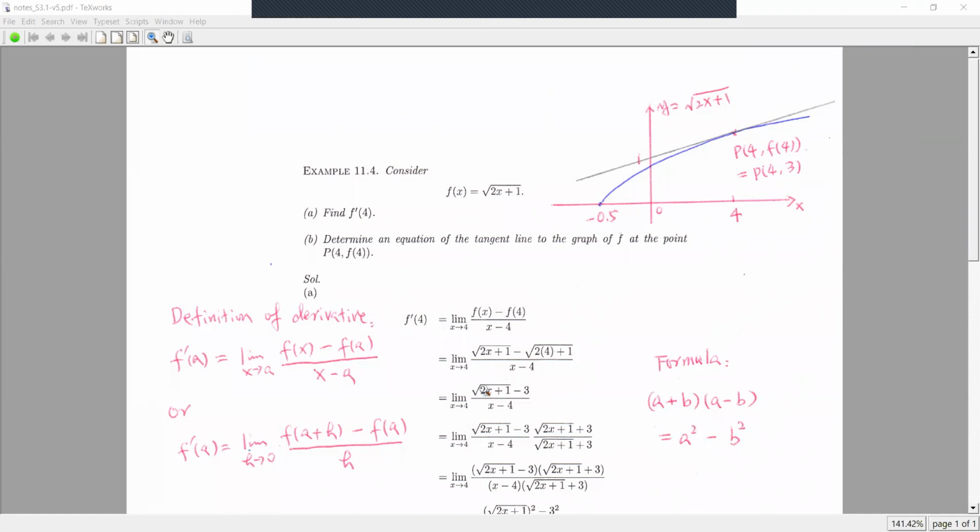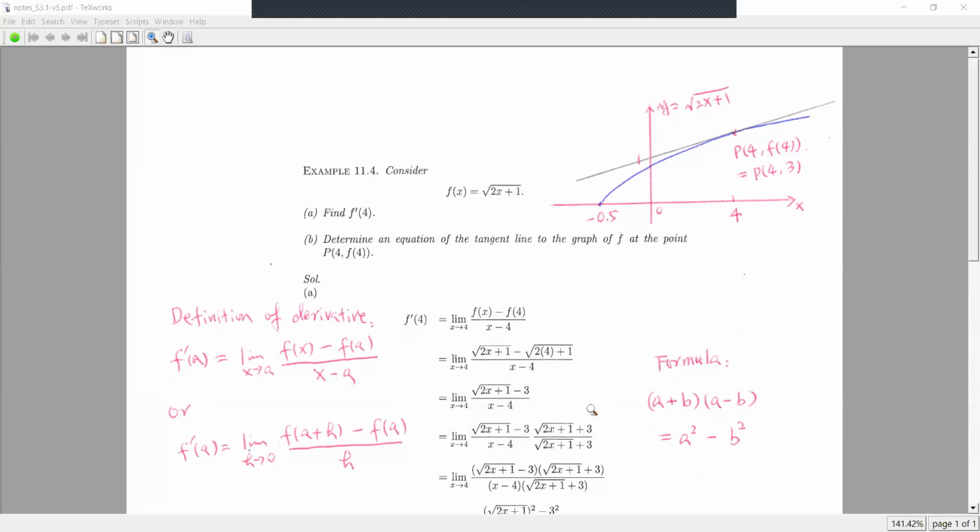Now, consider the numerator as a minus b. Multiply the numerator by a plus b. Then multiply the denominator by the same thing, a plus b. This fraction is equal to 1. This expression divided by itself is 1.